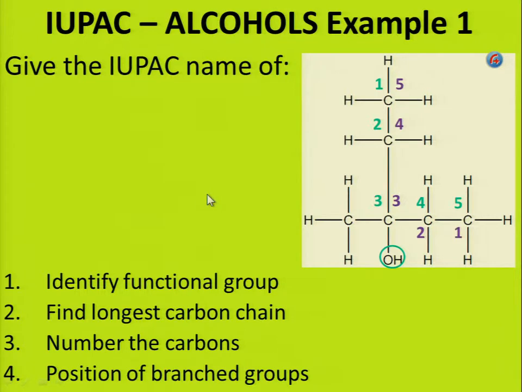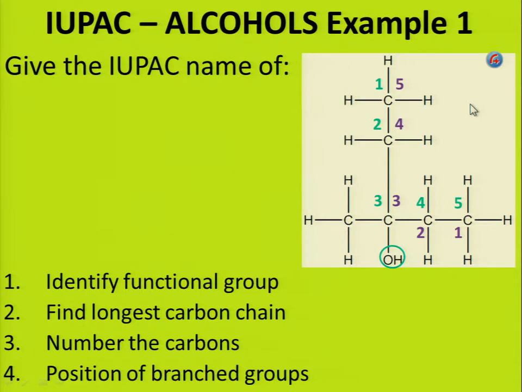Number your carbon atoms. You can either number from the top, the green set of numbers, carbon 1, 2, 3, 4, 5, or you can number from the bottom, the purple set of numbers, 1, 2, 3, 4, 5. Do not number from this side, then you'll only find 4 carbons, 1, 2, 3, 4. Remember, there are 5 carbons in your longest carbon chain.